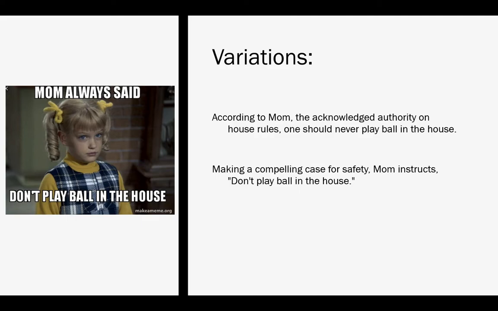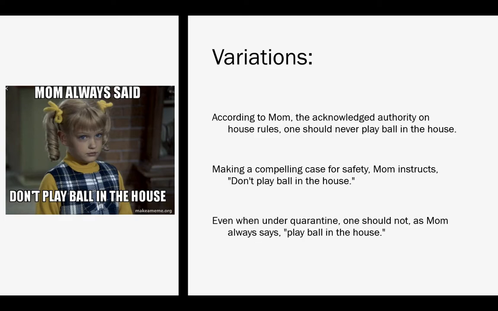Now we're providing context for the quotation, why Mom said this in the first place. Even when under quarantine, one should not, as Mom always says, play ball in the house. Now we are applying the quotation to our own argument, so we have an integrated quotation.